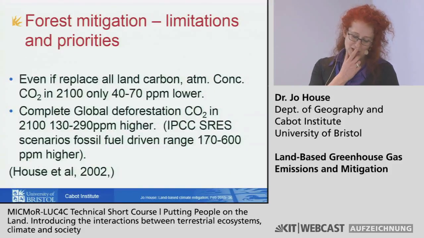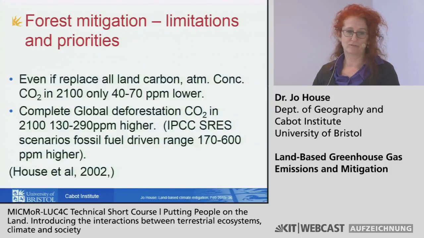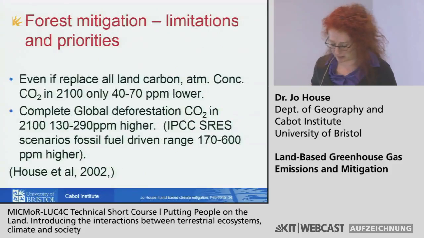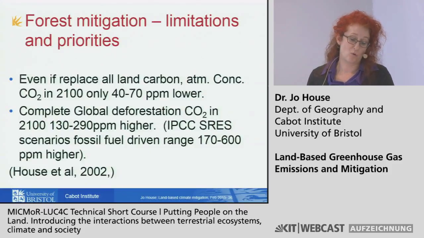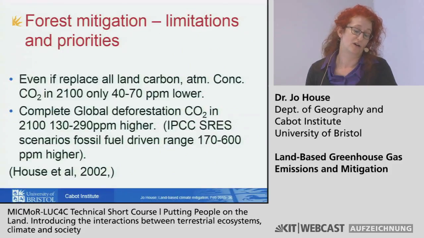But then I want to make a final point, which is that even if land is important, right? We said it's 11%, we said it could be really important, but even if you replaced all of the land, this is a little back-of-the-envelope calculation we did for the IPCC third assessment report, even if you replace all the land that you've deforested with forest, your carbon concentration at the end of the century would only be 40 to 70 ppm lower.